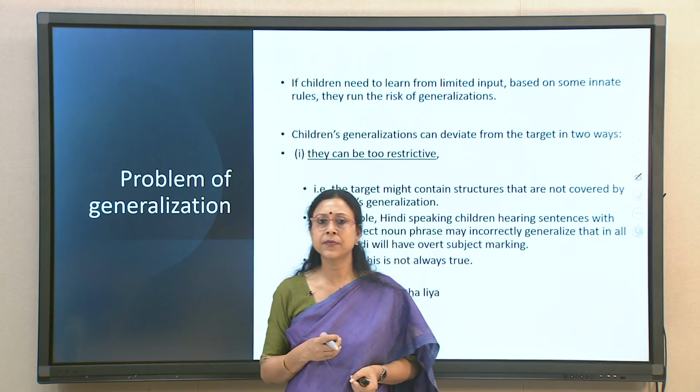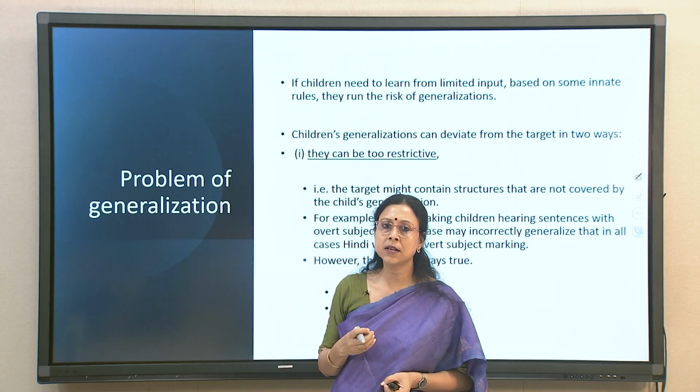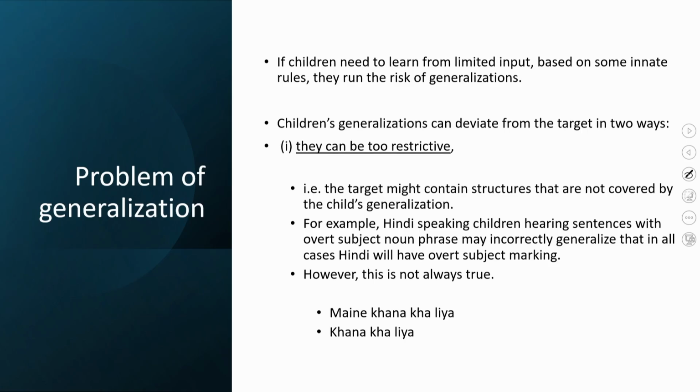Restrictive generalization is something like the target might contain structures that are not covered by the child's generalization. For example, in case of Hindi, Hindi speaking children hearing sentences with overt subject noun phrase may incorrectly generalize that in all cases Hindi will have overt subject marking.